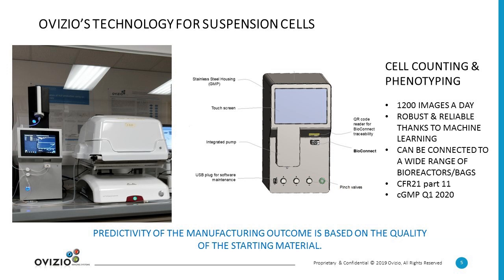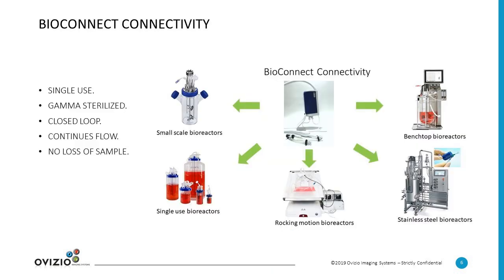It can be connected to a wide range of bioreactors thanks to our single-use probe, and the software is CFR 21 Part 11 compliant. The reason is that we believe that to have a high quality product, you need to be sure that your starting material of the process is of high quality as well. And that's what will be possible by using the Inline F.